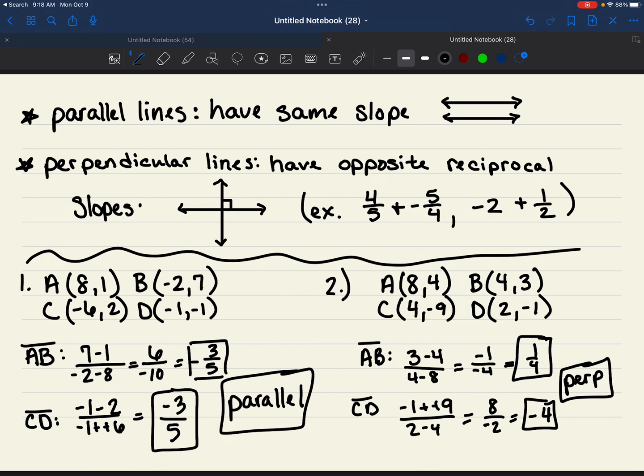Okay, what did we get? Did we get perpendicular? Yeah. Okay. You can check up on the board if you need to check your work.